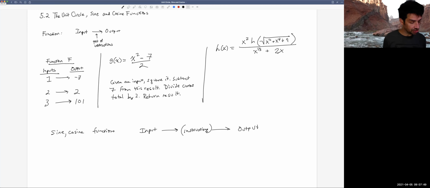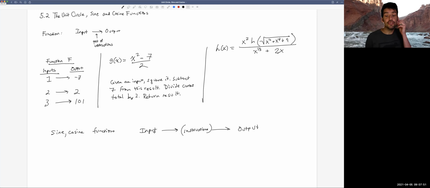The instructions here fall into the complicated category, and not just complicated like this h of x I've written here. They're in some way close to that bird instruction. There's a fairly complicated set of instructions for, given an input, finding out what the output is.